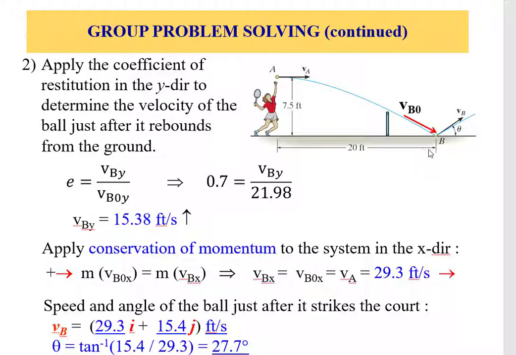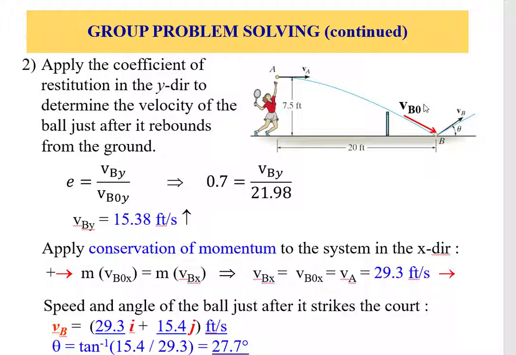And also because the line of impact is in the y direction and the plane of impact is in the x, you expect that the momentum of each particle, like the ball, in the x direction is conserved, meaning VAX is going to be equal to VBOX equal to VBX. So it will not change. So it will keep bouncing at the same level of velocities and then start to roll.